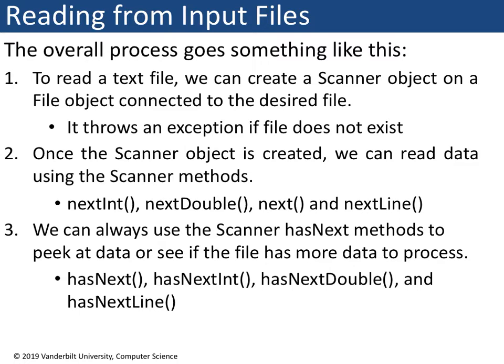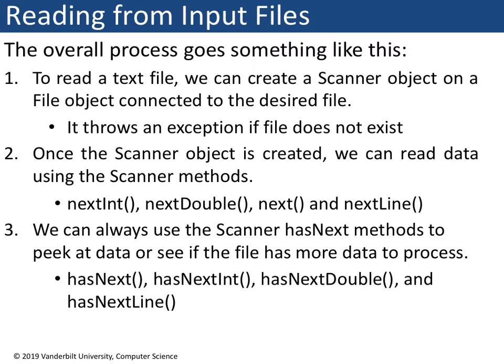So remember that. If for some reason you type in the location of the file incorrectly, your scanner object is going to throw an exception. That's important. Once the scanner object is created, we're able to read data from the file using the nextInt, nextDouble, next, and nextLine methods, just as we did when we were looking at the console input.